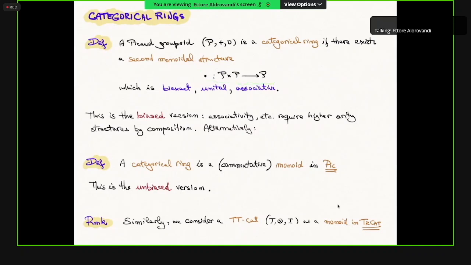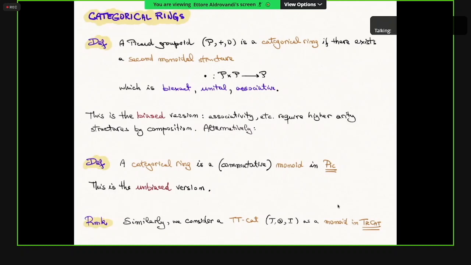So this is biased because then you have to explicitly think about the associativity, pentagons, etc., for this extra monoidal structure. On the other hand, there is an unbiased version where you can say that a categorical ring is a monoid in Picard as a multi-category. Or if you prefer thinking about operads, then you're thinking about an algebra over a certain kind of operad.